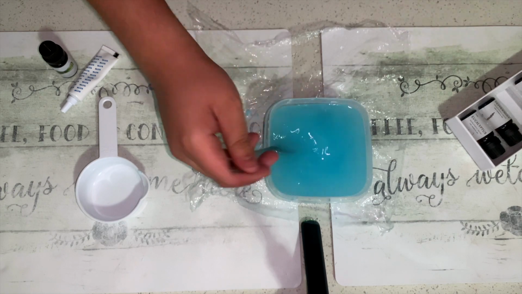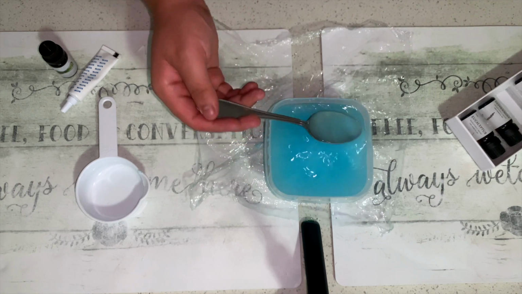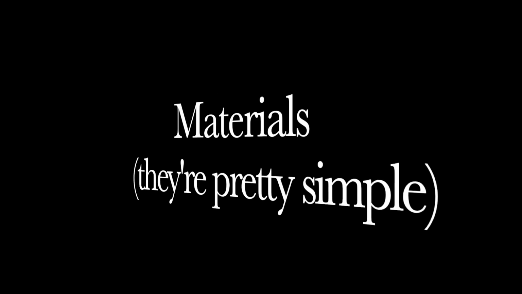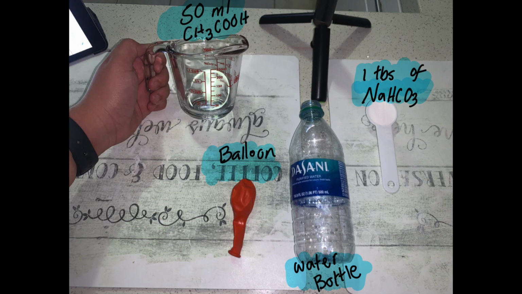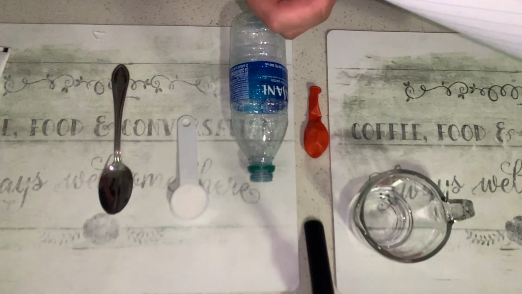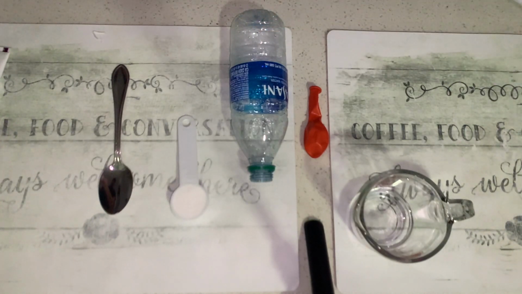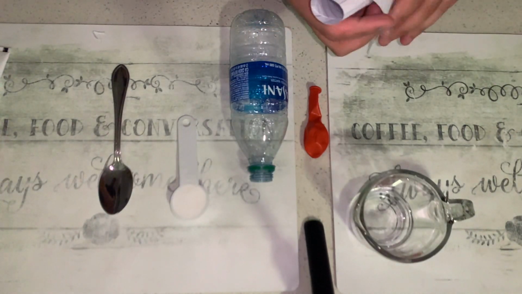Our next lab is going to be inflating a balloon with CO2. The main purpose of this is to inflate a balloon with CO2 using acetic acid and sodium bicarbonate, and to see what would happen if I changed the element amounts.